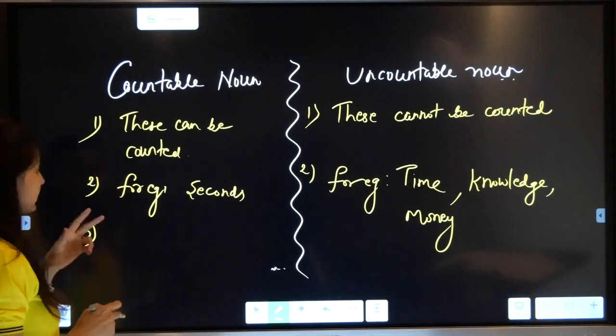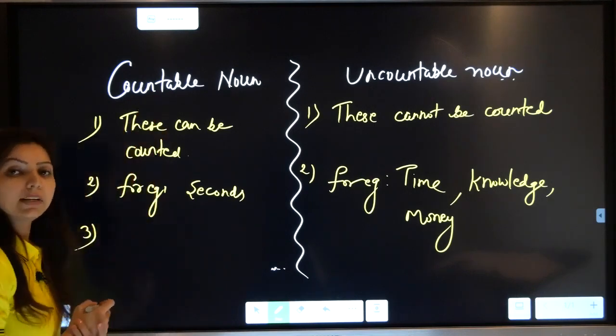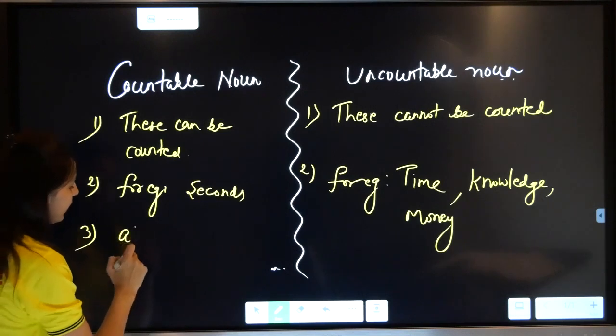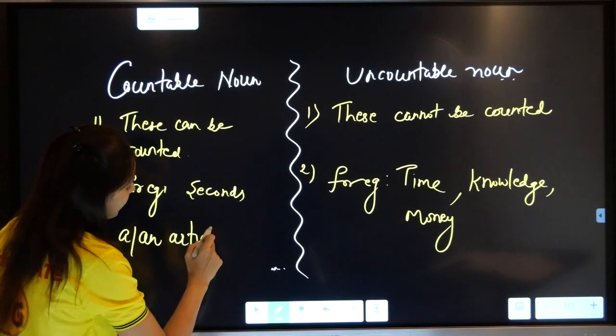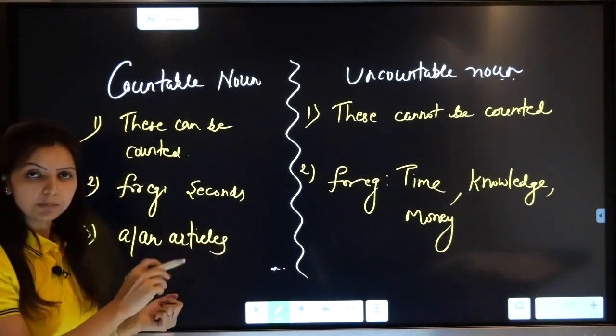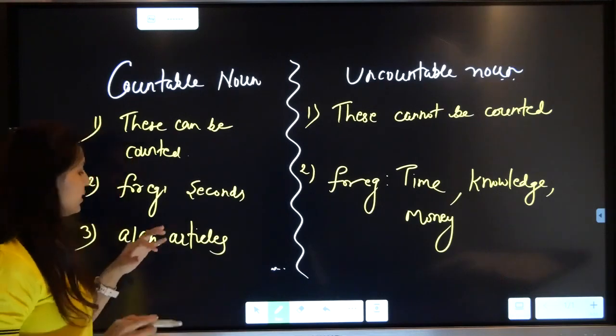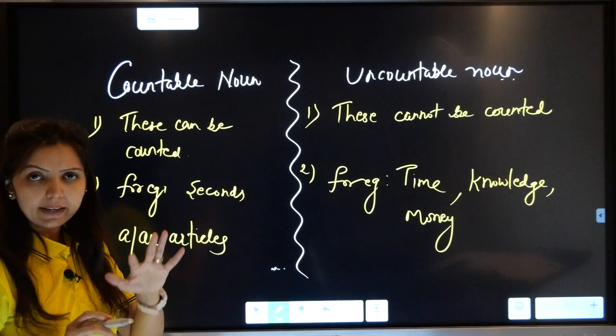Now, the next difference is, for countable nouns, you can use the article a or an. There are 3 articles, if you know. Otherwise you don't have to worry, because we are going to cover this topic in the upcoming lectures as well. For now, just remember one thing: there are three articles, a, an and the.